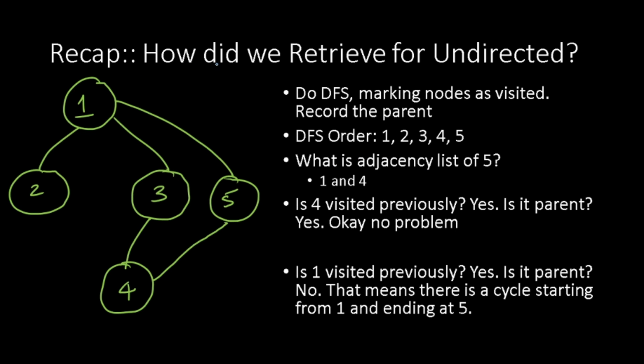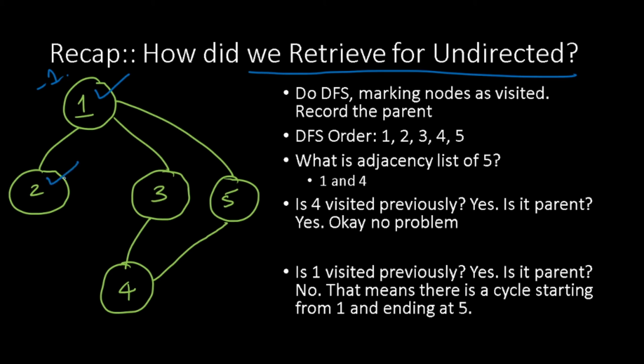So to do a quick recap, how did we retrieve the cycle for the undirected graph? We did a DFS, marking nodes as visited and recording the parent. We start with 1, so its parent will be -1, and we mark it as visited. Now let us look at its children. Does it have any unvisited neighbor? Yes, 2.